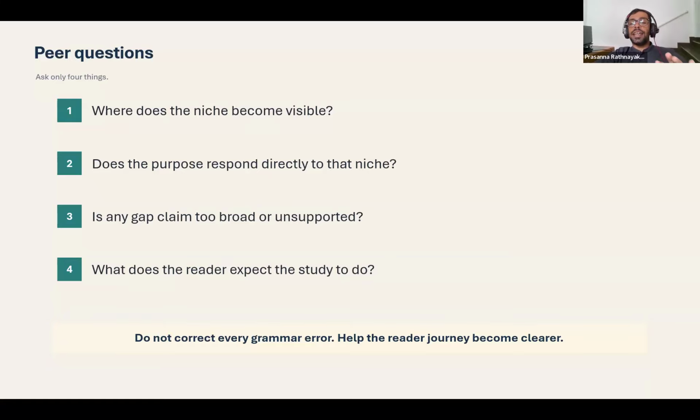Please do not correct every grammar error, right? This is not a proofreading activity. This is a thinking, ordering activity, right? This is a reader guidance activity. And when you interact with your friend, there you meet the reader.